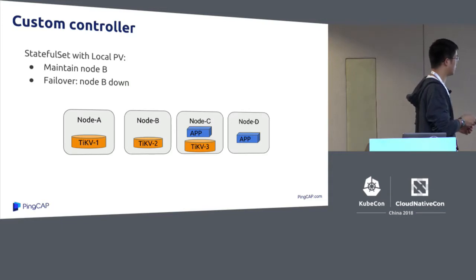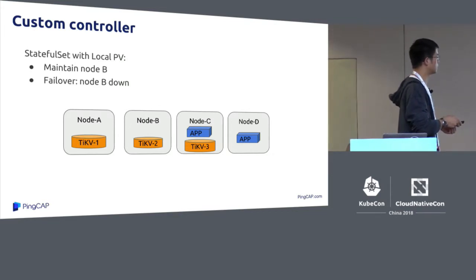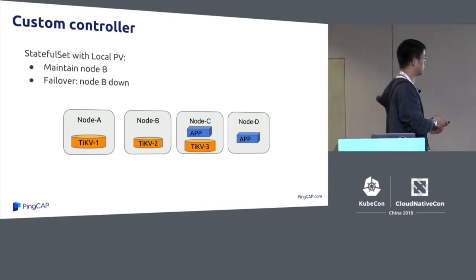Also for network PV, we can just stop the node, create another pod, and bind the network PV to another node. But for local PV, we can't just do that.